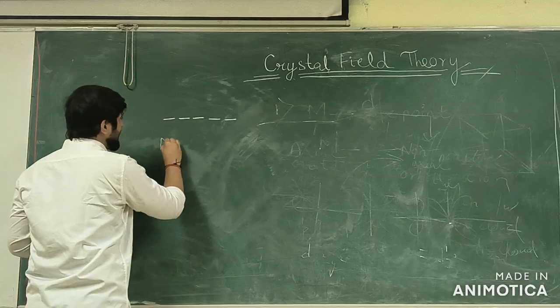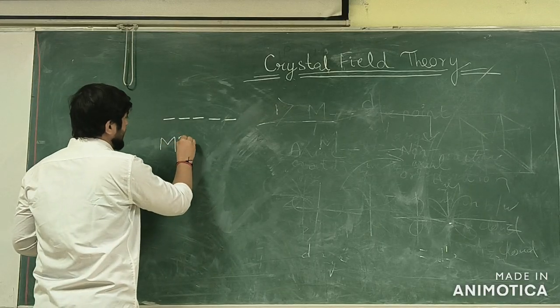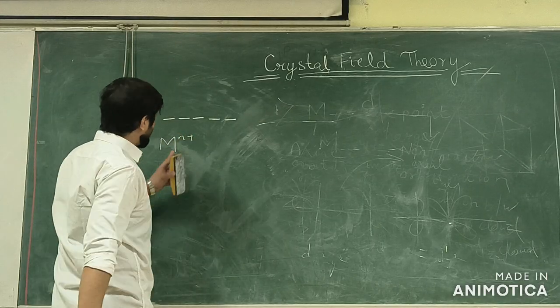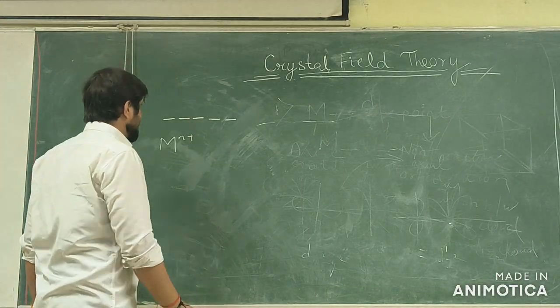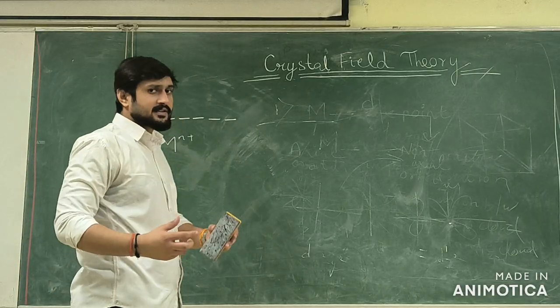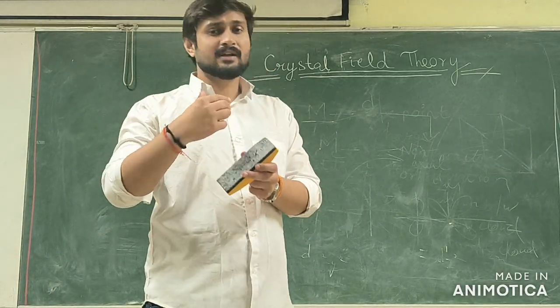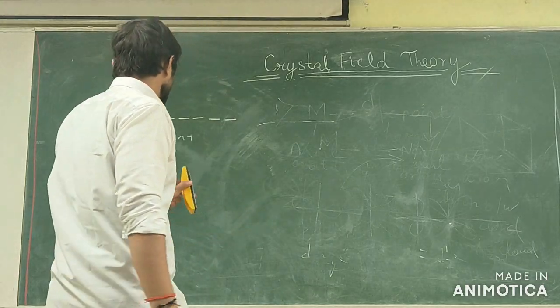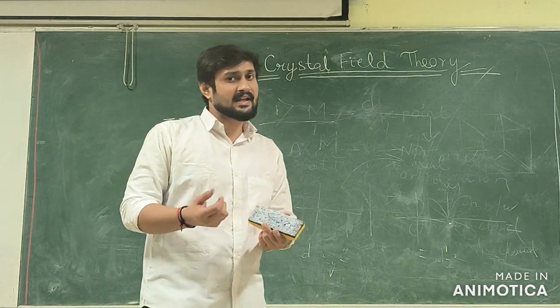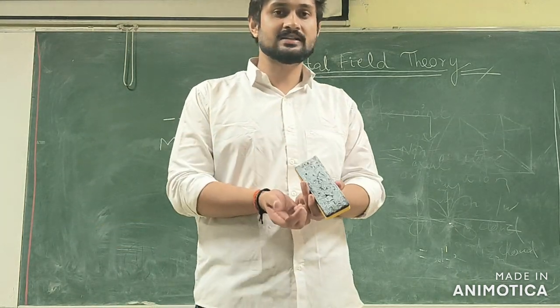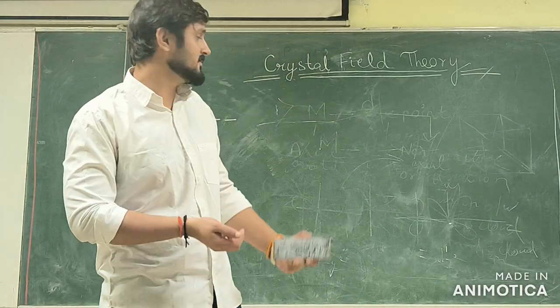Let us consider any d-block metal ion, Mn plus, and its five d orbitals. Now, let us go through the interactions one by one. For example, there is an attractive interaction between the ligand and the metal, because the metal is positively charged and the ligand is negatively charged.